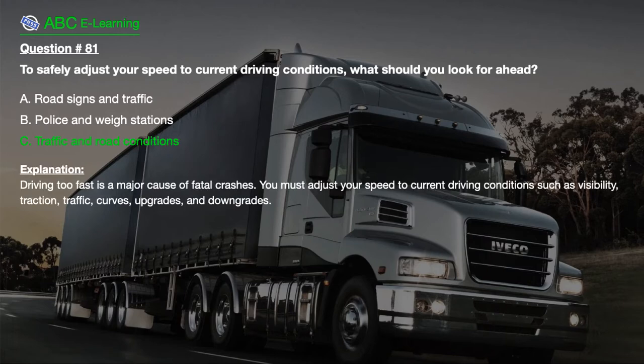The correct answer is here, C. Traffic and road conditions. Explanation. Driving too fast is a major cause of fatal crashes. You must adjust your speed to current driving conditions such as visibility, traction, traffic, curves, upgrades, and downgrades.